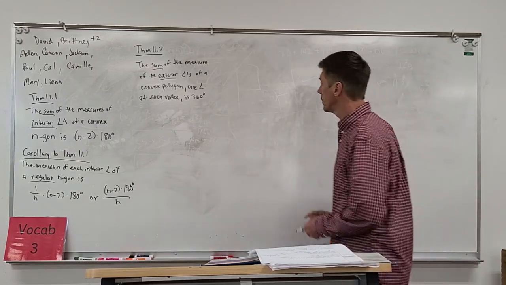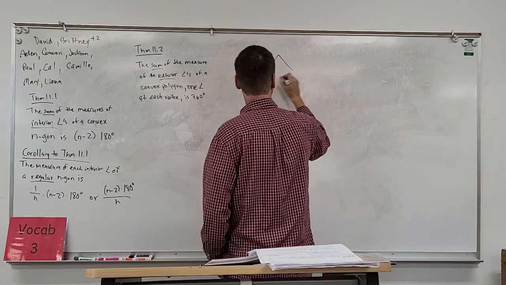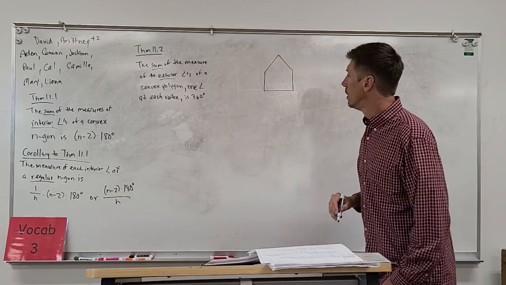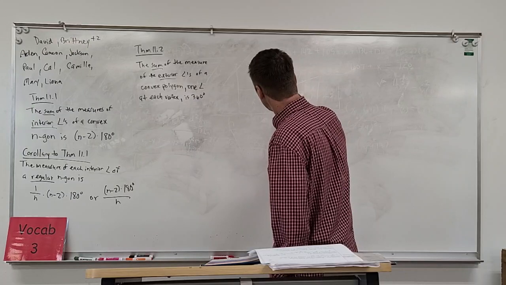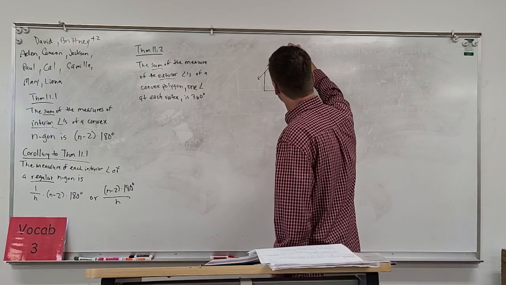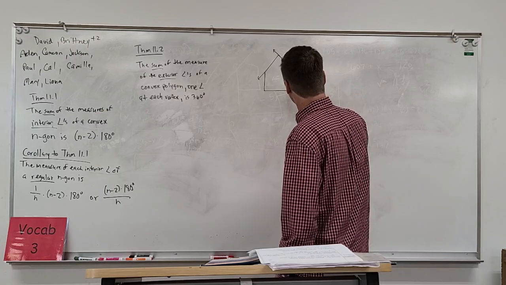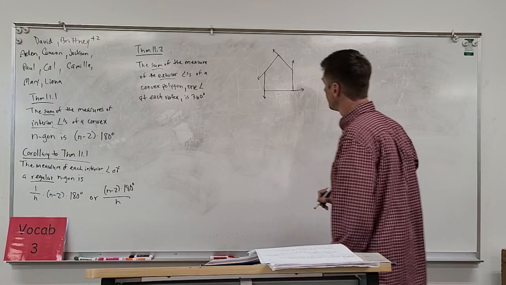And what do I mean by exterior angles? Well, if I draw a shape, like maybe this shape here, all right? My exterior angles, if I extend a line out right here, and then we'll just do that all the way around. Okay?